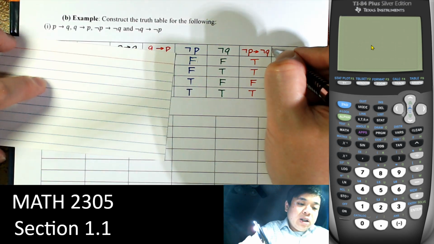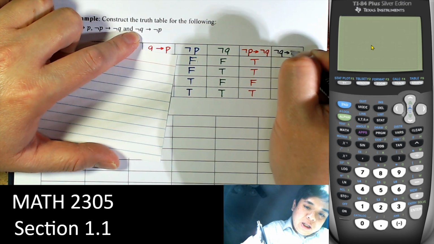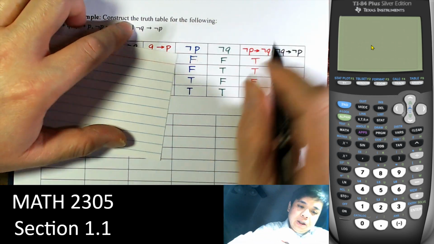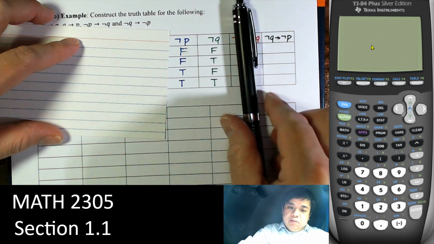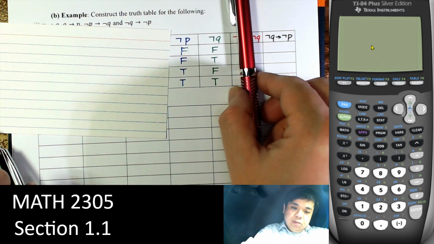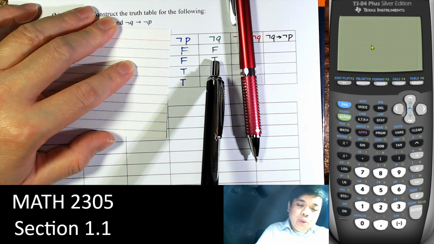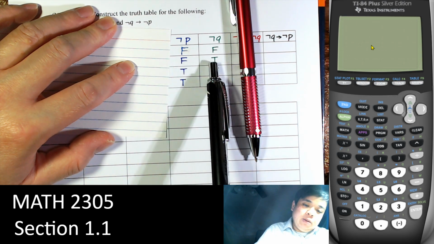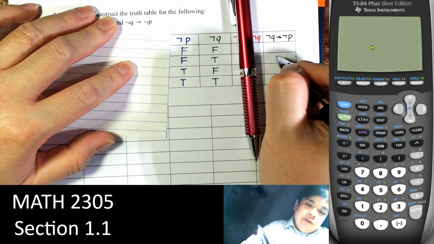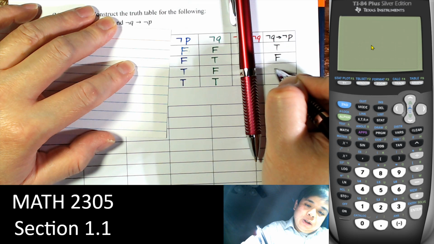Now, the last one is not Q implies not P. So from not Q implies not P, the true not Q implies not P is false. Everything else is true.